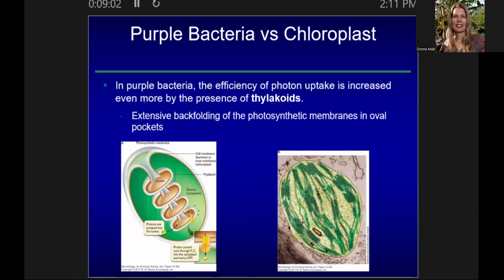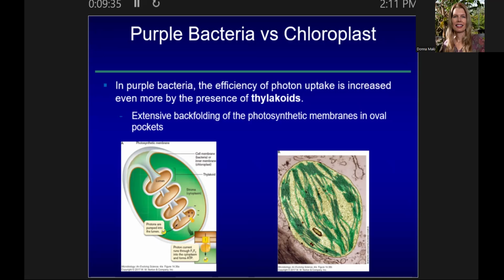Because they need to really be as efficient as possible, they tend to have an interesting cell structure where inside their cell, they have this membrane material that they call a thylakoid, which is what we call the inner membrane inside a chloroplast. And so it's a similar idea, although we still don't call that an organelle inside that purple bacteria, but it's a nice infolding of the membrane so that they can stick all of the bacteria chlorophyll and all the complexes.